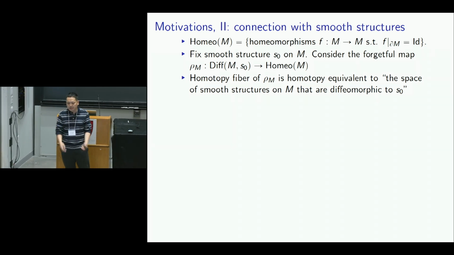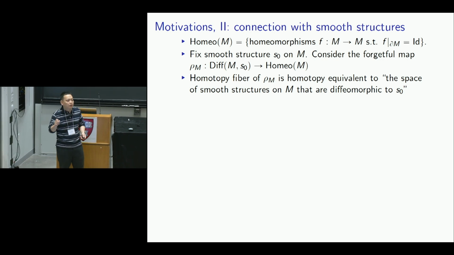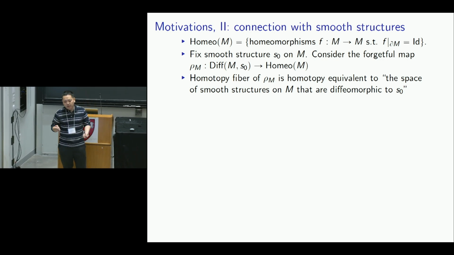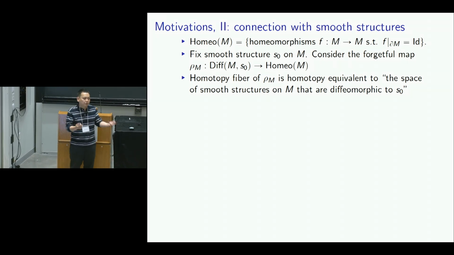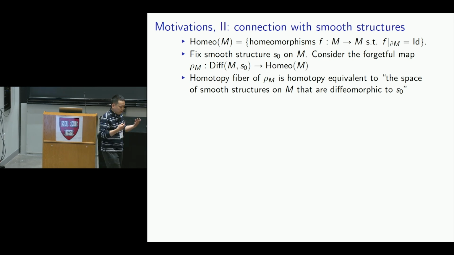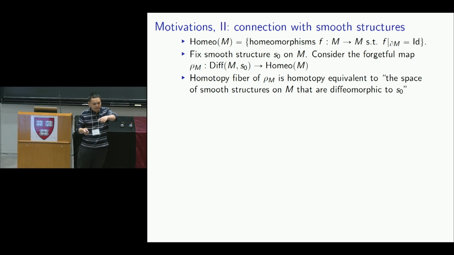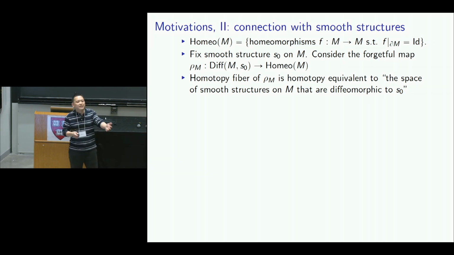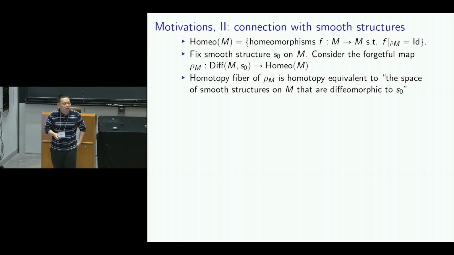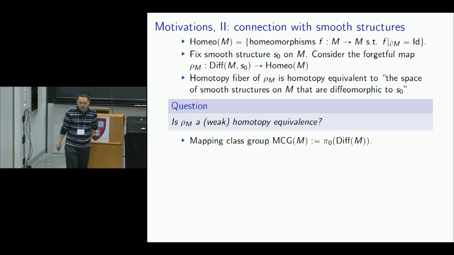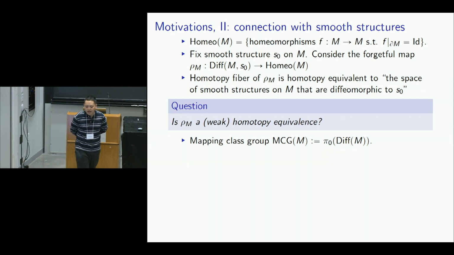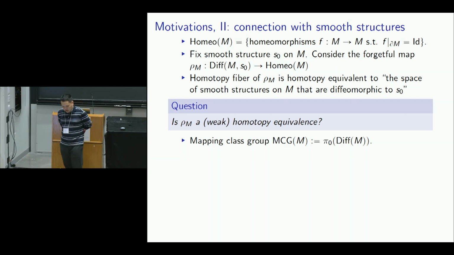It turns out that this space is homotopy equivalent to the homotopy fiber of this forgetful map. Namely, if for some reason this map rho M fails to be a homotopy equivalence, then there are some funny loops or holes in the space of smooth structures. That brings us to the question: is this forgetful map a homotopy equivalence or not? We will address this question a little later.